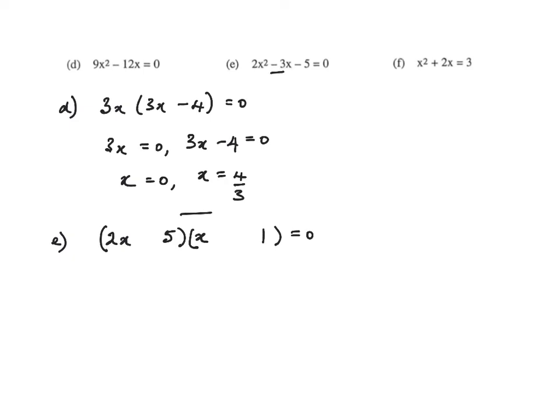Now I want a minus 3, so minus 5 and plus 1. 2x minus 5 equals 0, 2x equals 5, x equals 5 over 2, x plus 1 equals 0, and x equals minus 1.